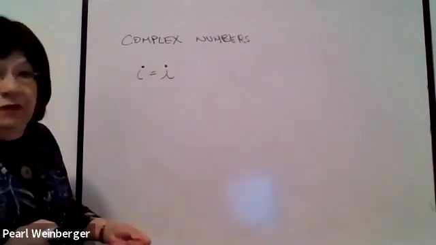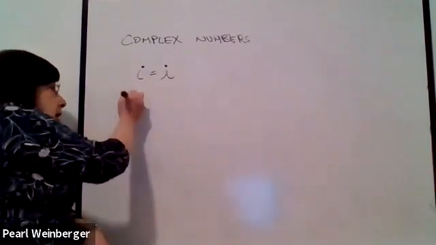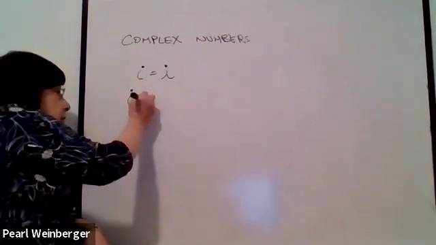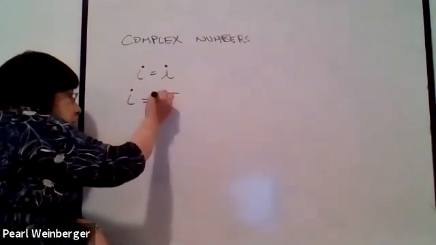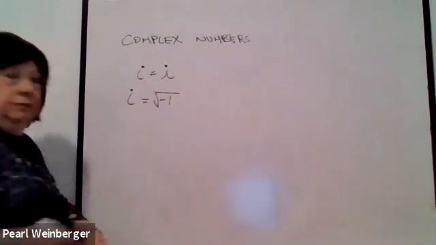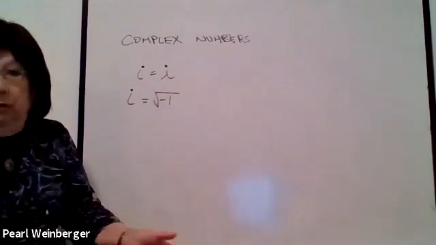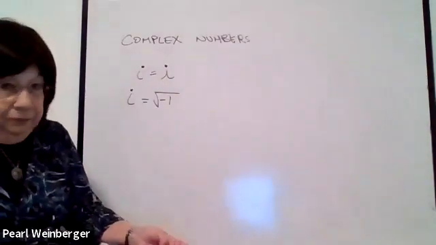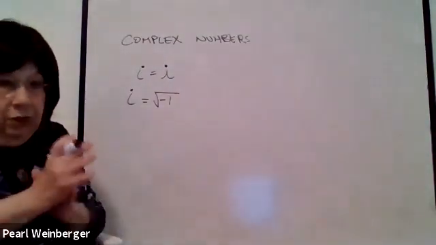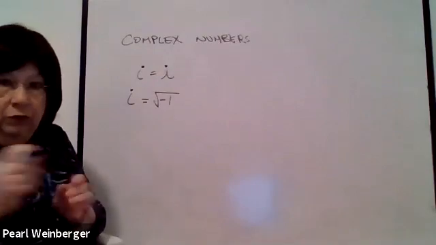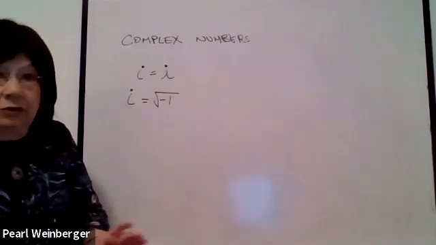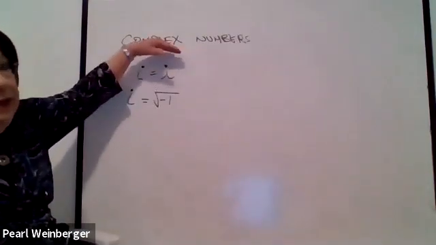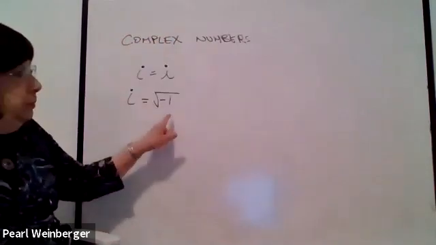And this is the value of i. i is given the value the square root of -1. The new number. We never had something where you could take the square root of a negative number. It's a new number. If ever I come across the square root of -1, the answer, only in the complex number system, is going to be i.